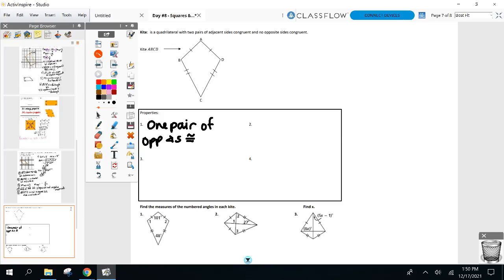Which 2 angles are formed by the non-congruent sides? B and D. That's how you find the pair that are equal to each other. Correct. B and D. They're always the ones formed by the non-congruent sides.